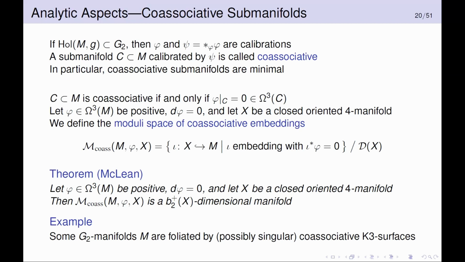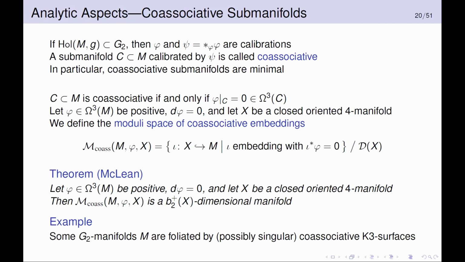And now, if you know how this McLean theorem works, you deduce from this that you can take a K3 surface and move it a little bit in every possible normal direction. So a little tubular neighborhood of the K3 surface is going to be foliated by K3 surfaces again. And sometimes you are lucky and you can extend this to a singular foliation of the whole tube. And then you have a lot of structure, and then you can start thinking about that.